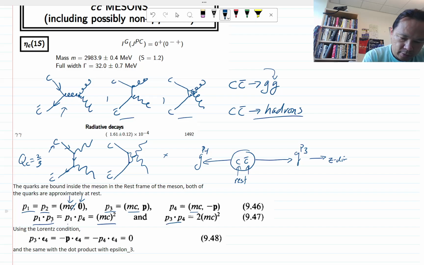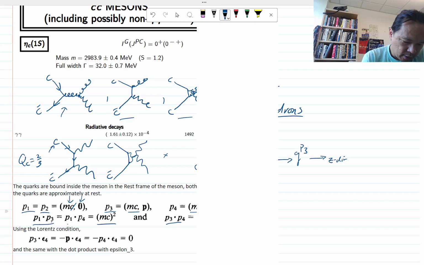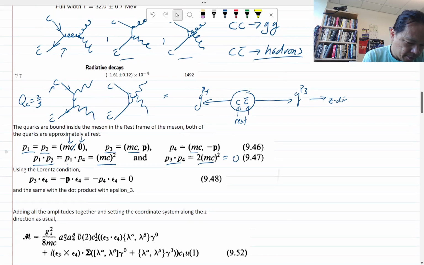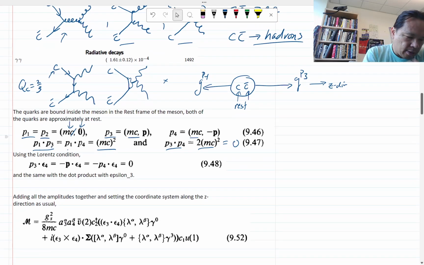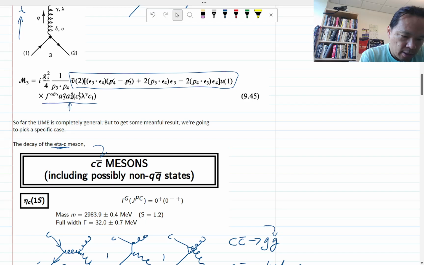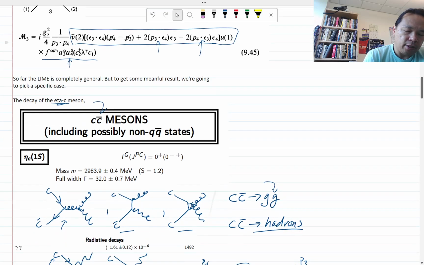P3.P4, those are the 2 guys here. It's technically going to be equal to 0 because both of those should have a mass of 0. But we don't really need to worry about that because what you end up having to calculate is actually P3 dot these polarization vectors and P4 dot polarization vectors.